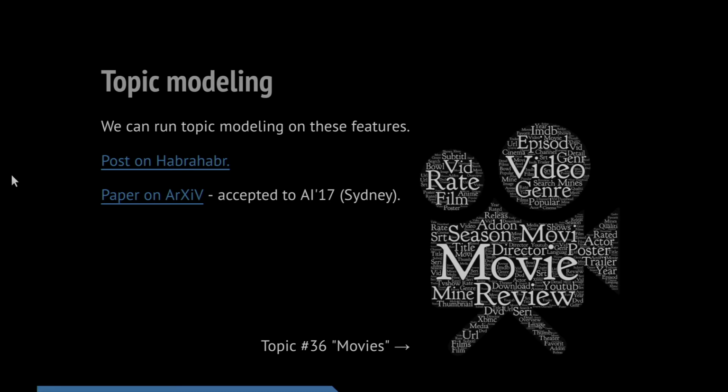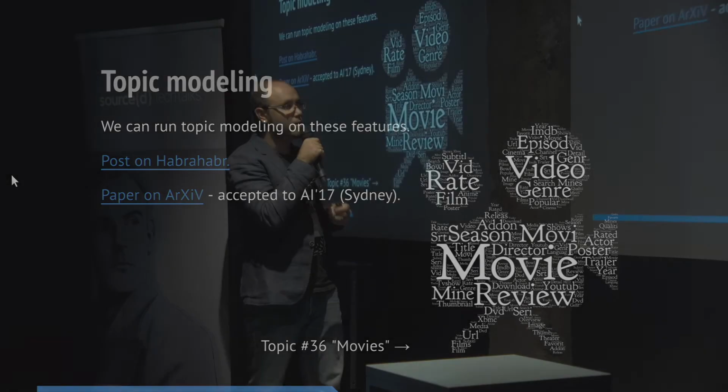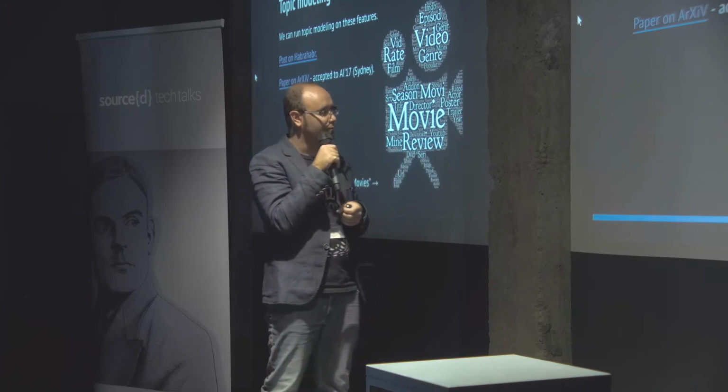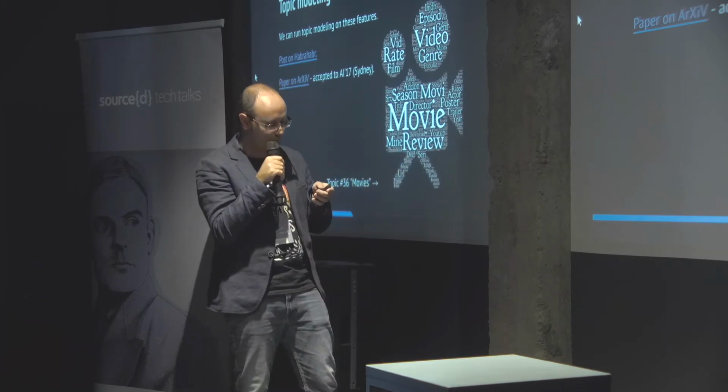It turns out that movie, review, season, director, everything here appears as identifiers in source code, and different projects tend to use them in the same bag, and you can infer a kind of conceptual information about movies. So it has a season, has a DVD, and so on.